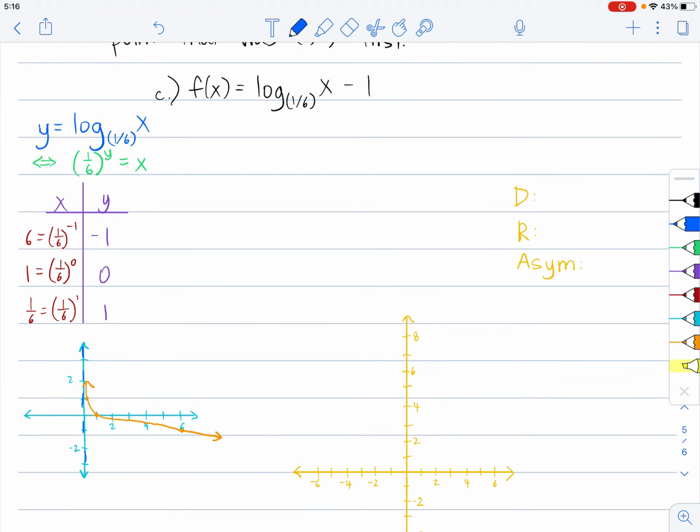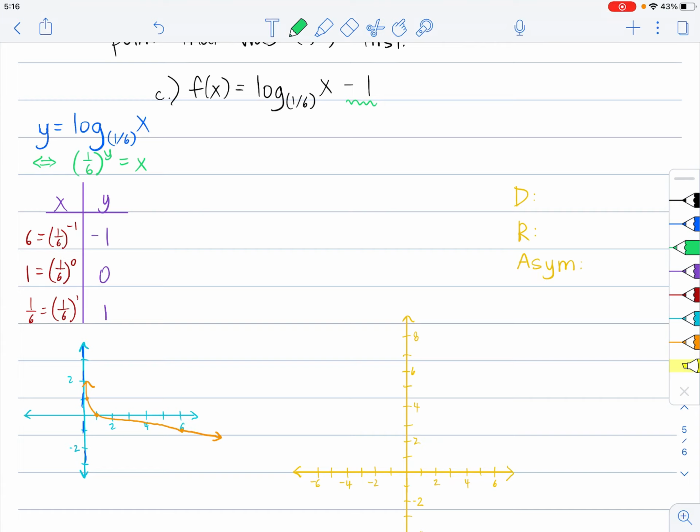Okay, so back to my function that I'm actually trying to graph. I am asking myself, okay, what is my -1 doing to my graph? Is -1 inside or outside, and how am I supposed to know? And I just want to draw your attention.